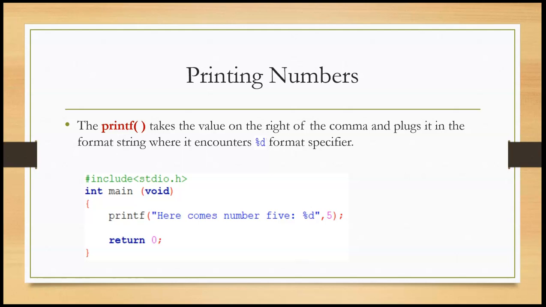The printf function takes the value on the right of the comma and plugs it in the format string where it encounters the %d format specifier. In this example, the value on the right of the comma is 5, and this value 5 is plugged into the format string where the printf finds the %d format specifier.